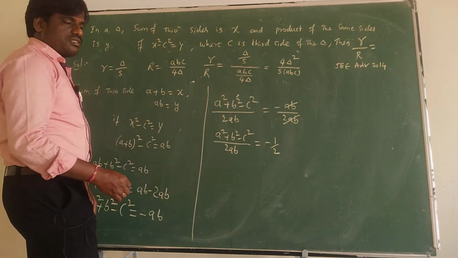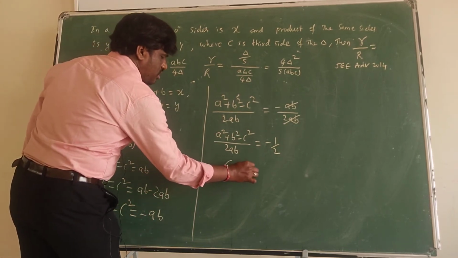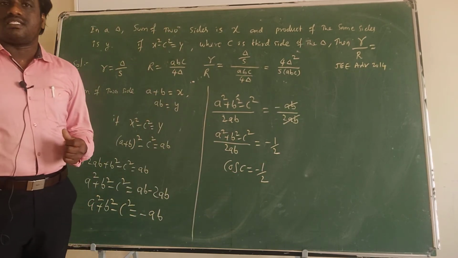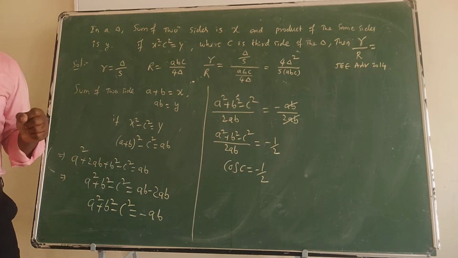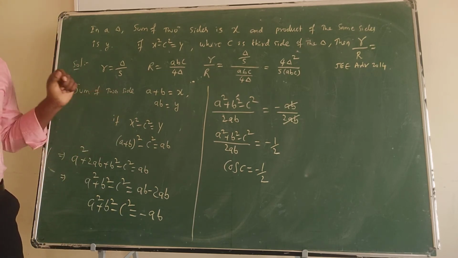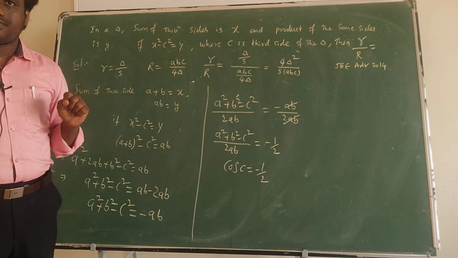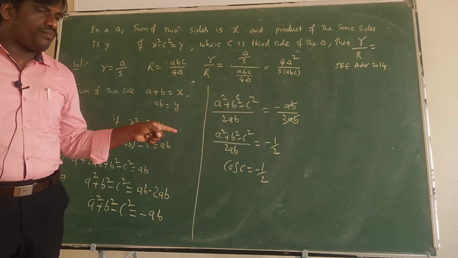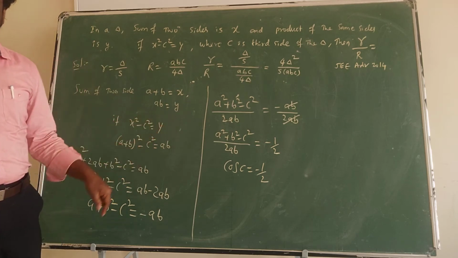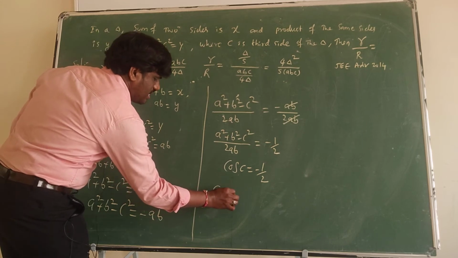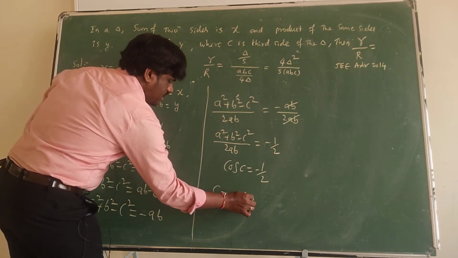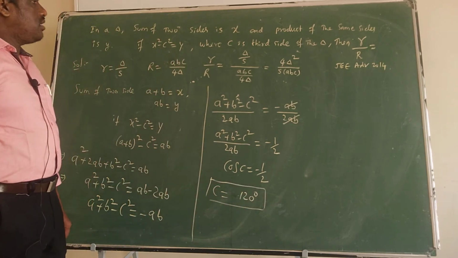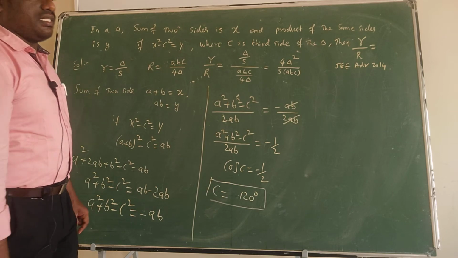So this is cos c, and cos c is minus half. Cos is half at 60 degrees, so the angle is pi minus 60 degrees, that is 180 minus 60, which is 120. So you got the angle c is 120 degrees.